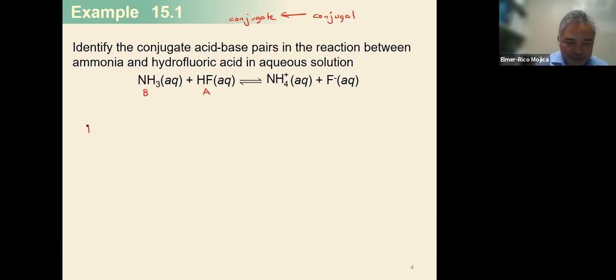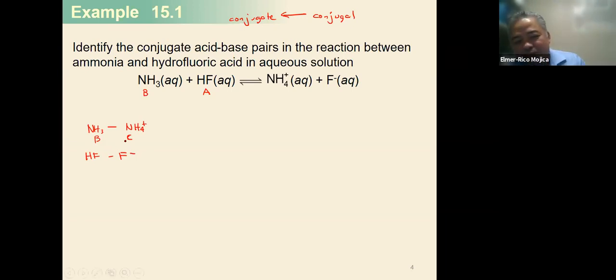Now, what's the partner of NH3? It becomes what? NH4 plus. And HF becomes F minus. So if this is the base, what do you call this? What is NH4 plus with respect to NH3?